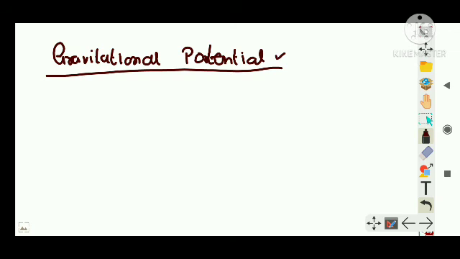So let's say this is mass m. It has an area around it where it can exert gravitational force, that we called the gravitational field.